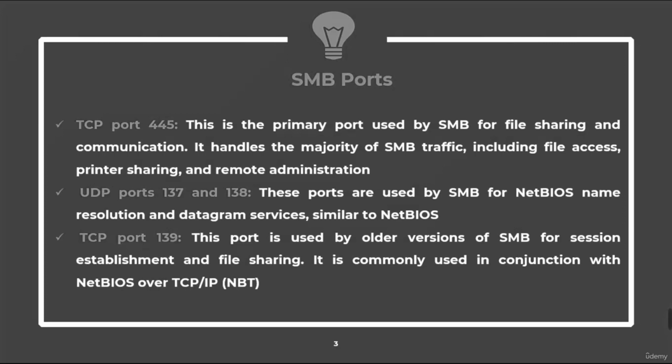It handles the majority of SMB traffic, including file access, printer sharing, and remote administration. Ports 137 and 138 are used by SMB for NetBIOS name resolution and datagram services, similar to NetBIOS. Whereas port 139 is used by older versions of SMB for session establishment and file sharing. It is commonly used in conjunction with NetBIOS over TCP/IP.